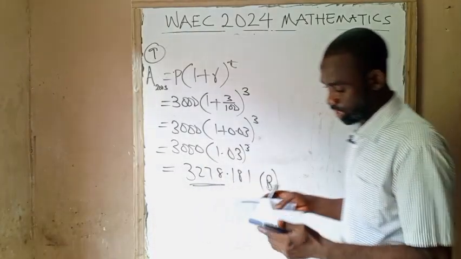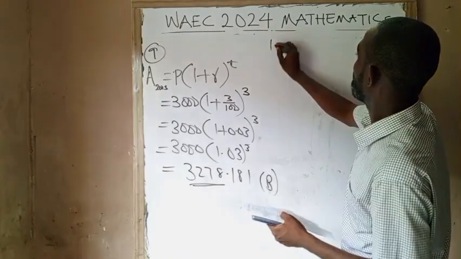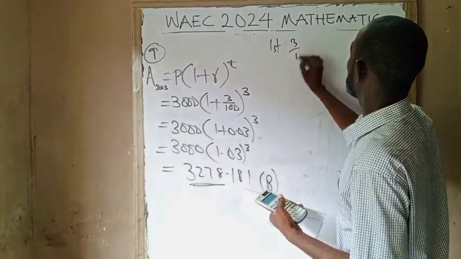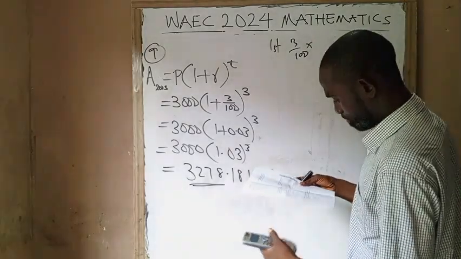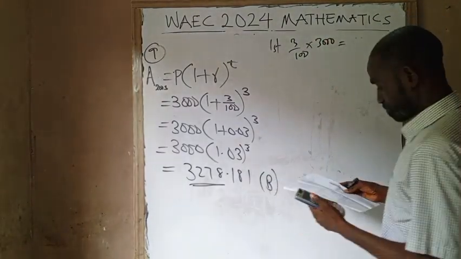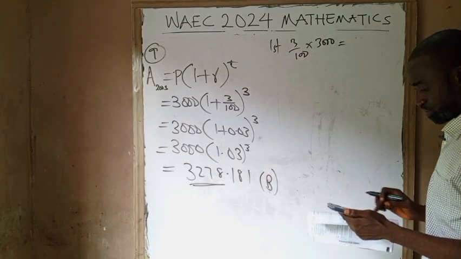The amount increases by 3% every year. So in our first year we have 3% of 3000.